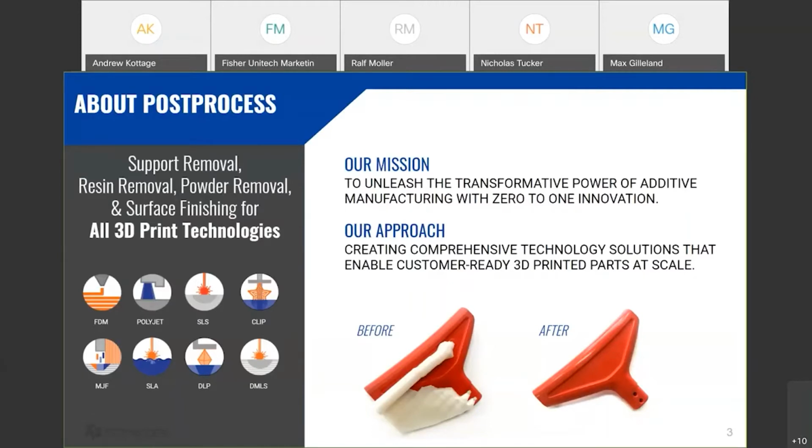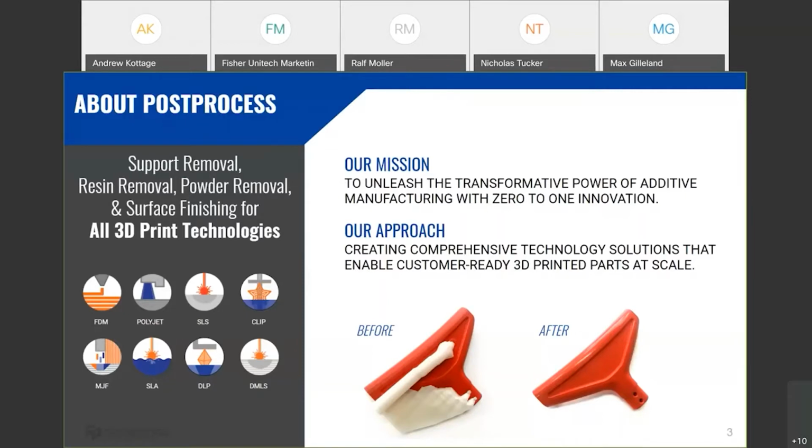So our goal is, as I mentioned, a focus on additive manufacturing, specifically that post-print step. But we do take a comprehensive approach. We look at those design and build phases and understand that they all have an impact on one another, and all that data is really meaningful. And that's really the core of who we are, is leveraging that data and software to really build a cohesive and comprehensive process.